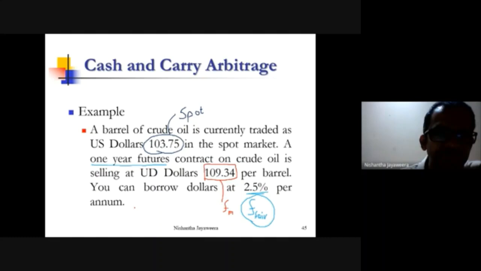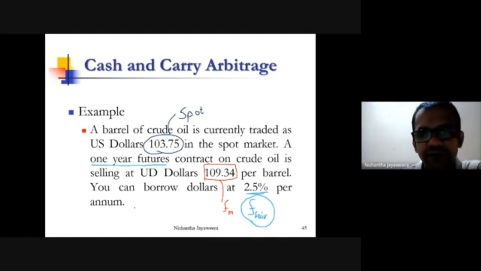Should be more than 103.75. Why? Interest cost. There's only a cost. There's no benefit. So it should be more than 103.75. Okay, what's the value?